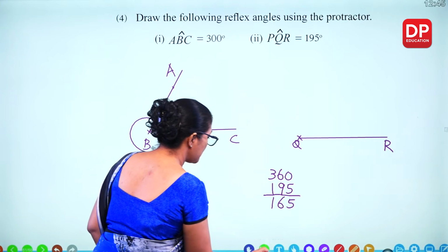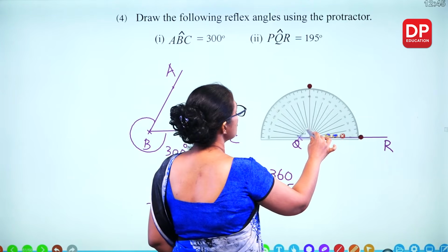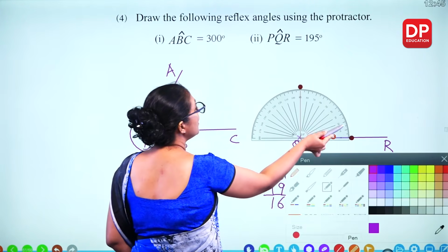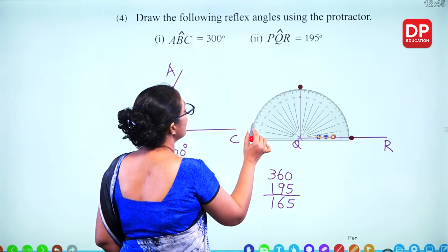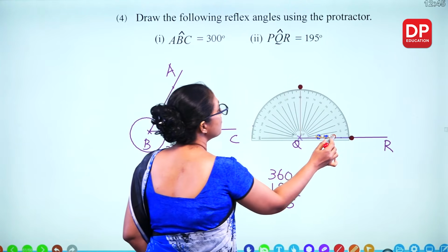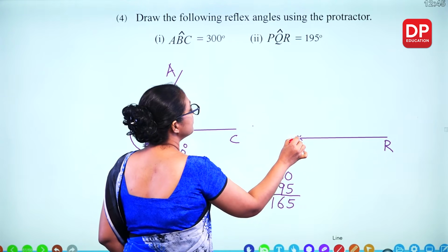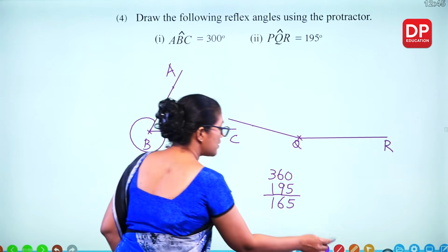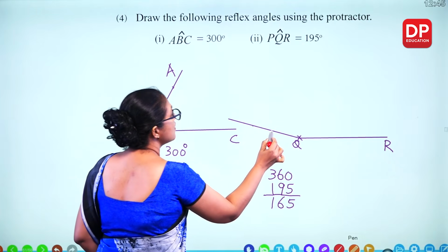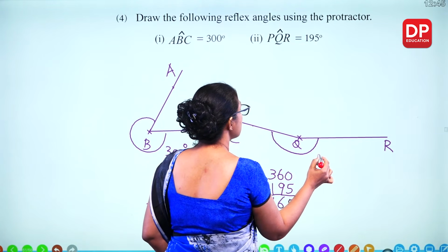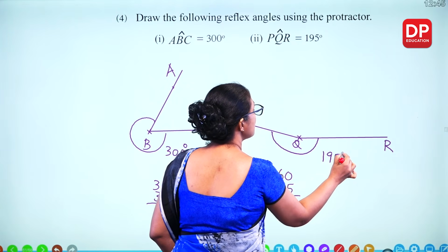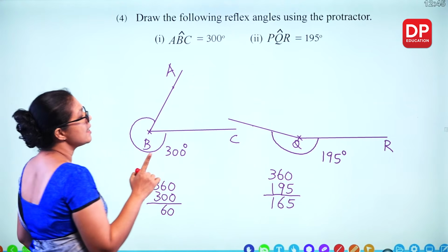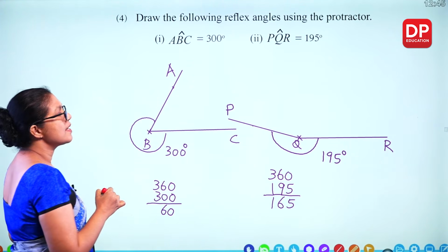So take the protractor. Measure 165 degrees here. Now draw the line. So this way, that's 165. This way, that's 195. What's the angle? PQR. So I can label this as PQR.